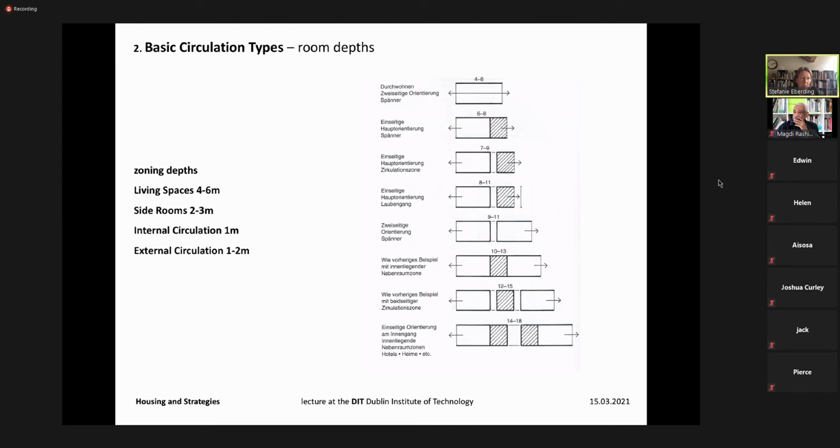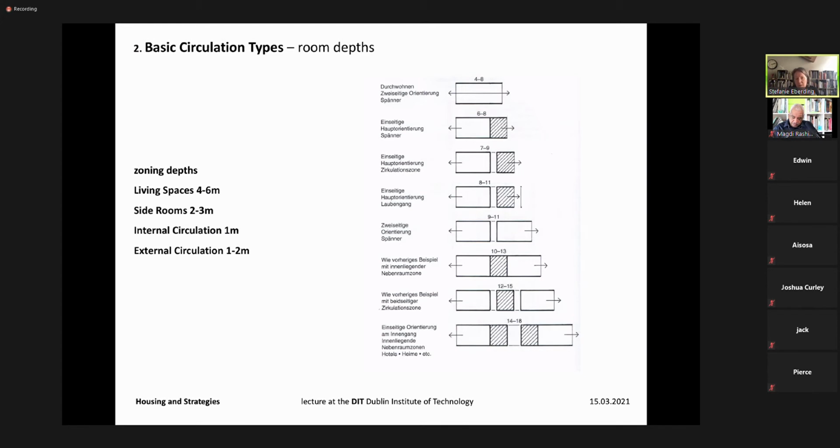Another thing which is really important are the zoning depths. So you have a range you can plan, for example, for living spaces. If they're single oriented, so light is coming from one side, they shouldn't be deeper than 4 to 6 meters. That's really important. So you have just a limit of 4 to 6 meters.